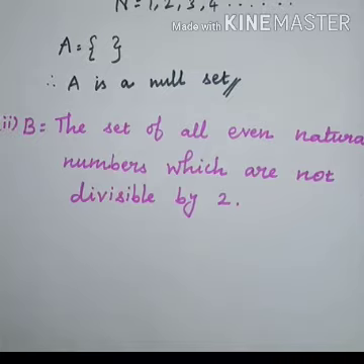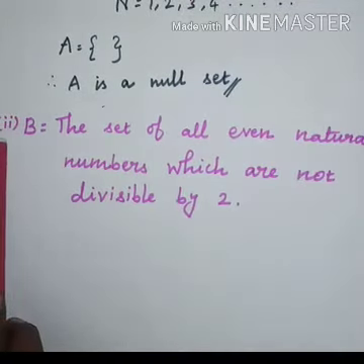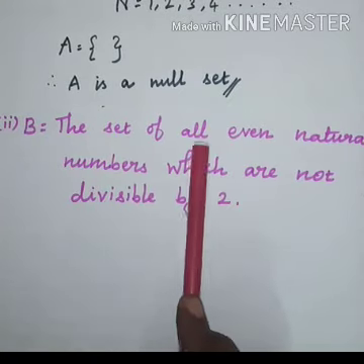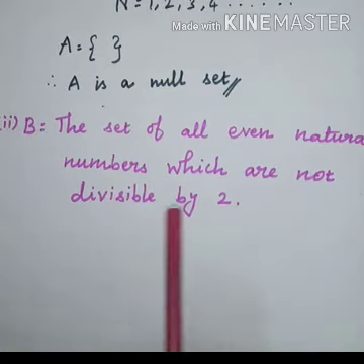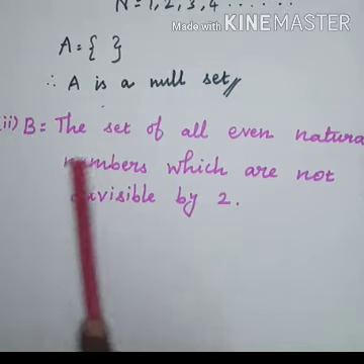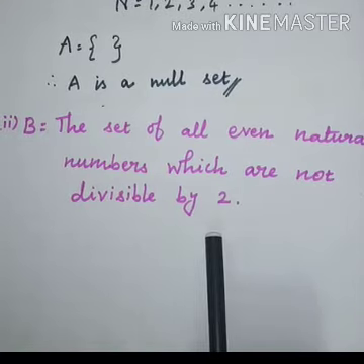Now exercise 1.2, fourth sum, second subdivision. B is equal to the set of all even natural numbers which are not divisible by 2. The set B is given in descriptive form, so we have to change it to roster form.